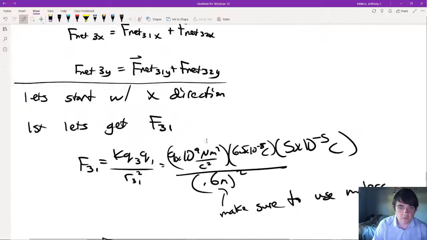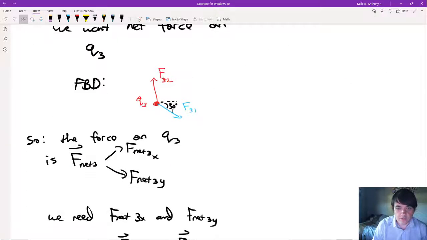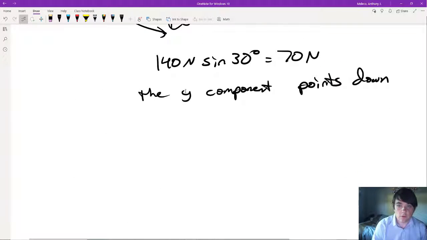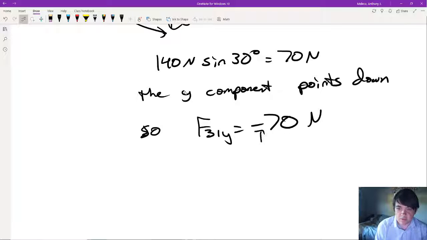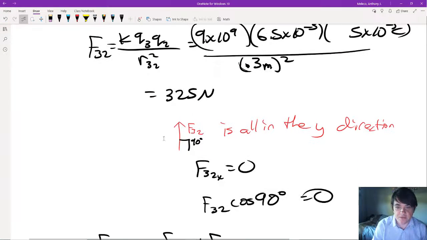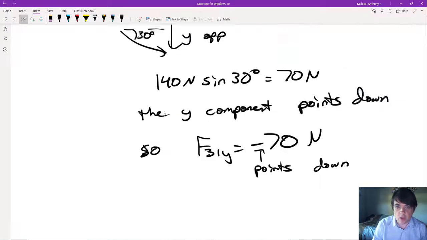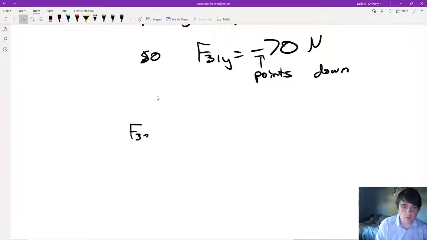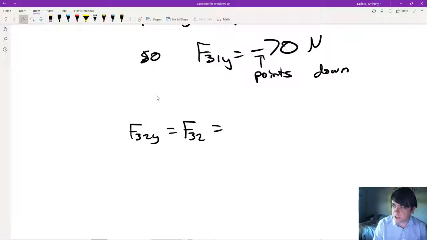Now, if I'm looking at this, the y component points down. Let's go back and look at this. Here it is. It's beneath the x-axis. It has a negative y component. So F31y equals negative 70 newtons. Points down. Now let's look at this other component. This guy was pointing straight up, so it's all in the y. So F32y actually equals F32, which equals 325 newtons.